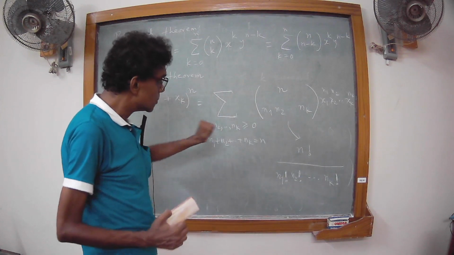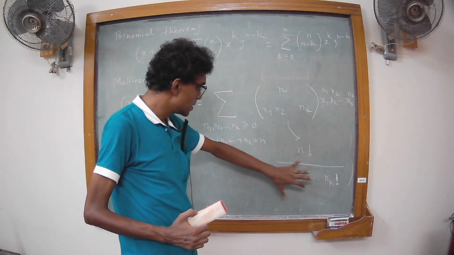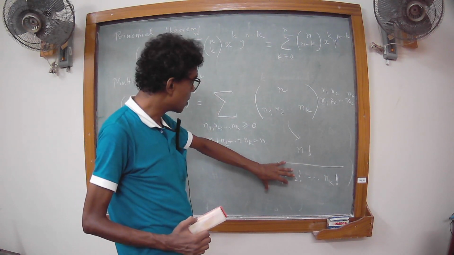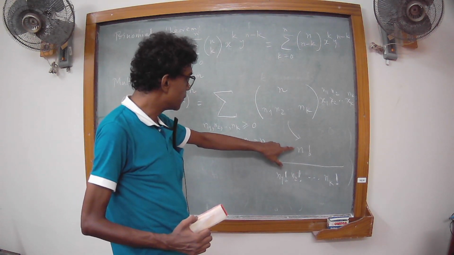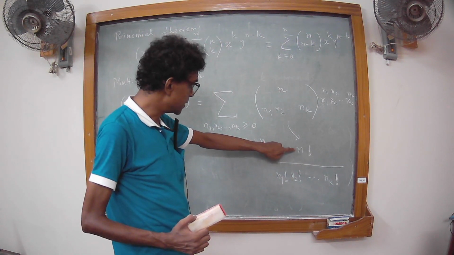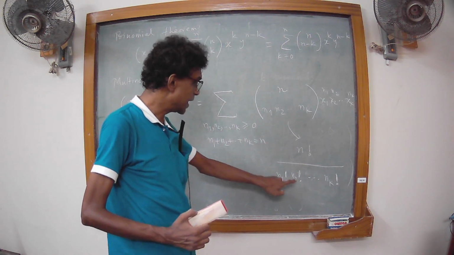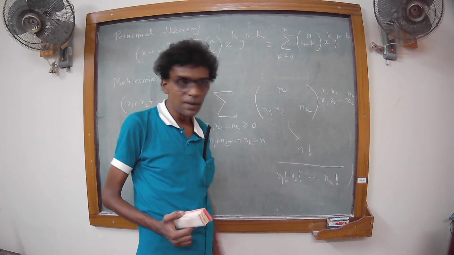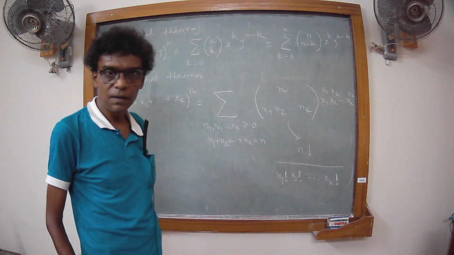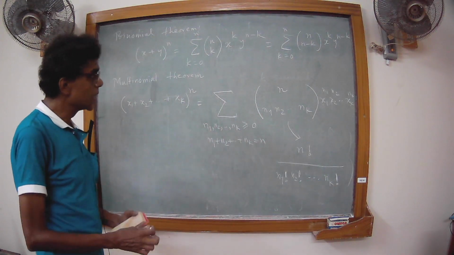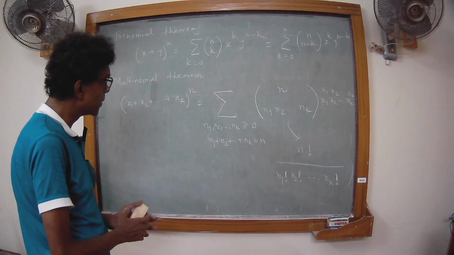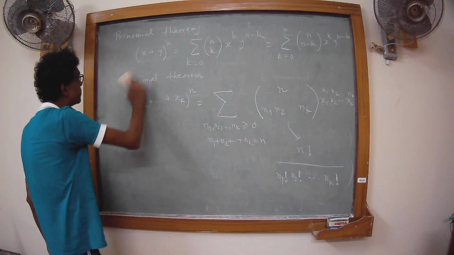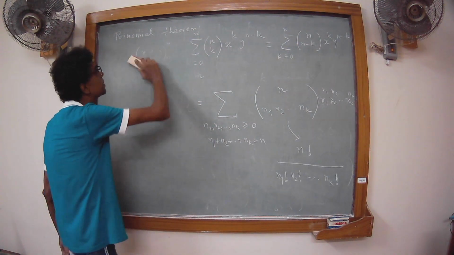So this is basically nothing but the total number of arrangements or permutations of a total of n objects containing n1 x1s, n2 x2s, n3 x3s, and so on, nk xks. And you know this is the formula. Okay, good. So these two are important theorems. Just for the sake of completeness, I mention these two things.